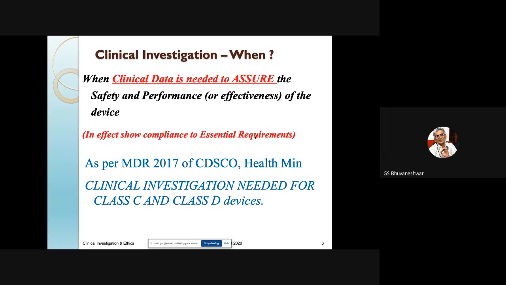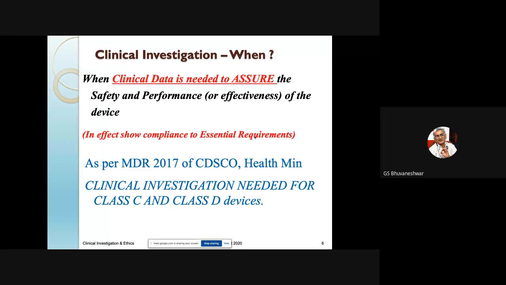So when do we need a clinical investigation? A clinical investigation is needed when clinical data is needed to assure, or demonstrate, the safety and performance or effectiveness of the device in human patients or in the intended population.